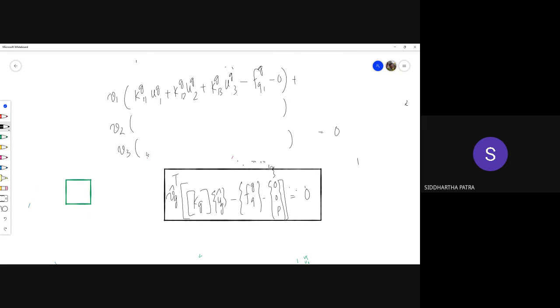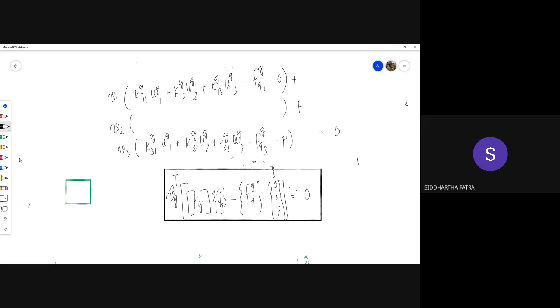When it comes to V3, it would be like K31G UG1 plus K32G UG2 plus K33G UG3 minus FG Q3 minus P equals 0.